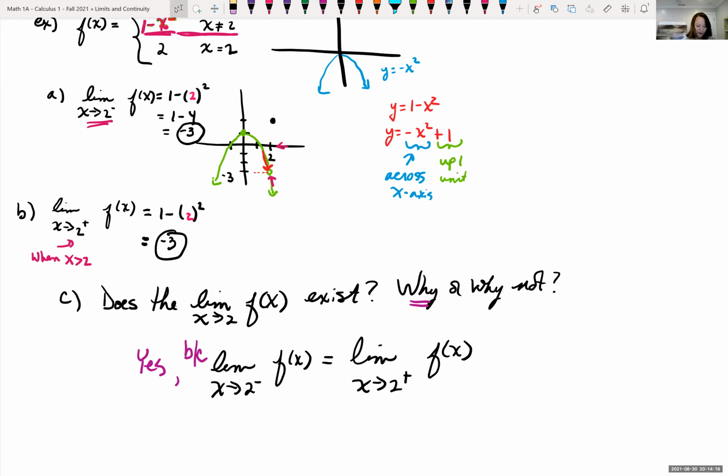And we could even go further and tell you what that limit is, right? We already found that. And so the limit as x approaches 2 of f of x is equal to our -3.